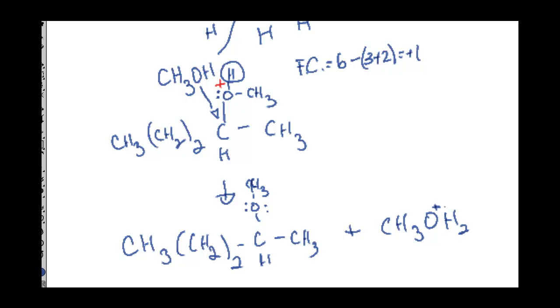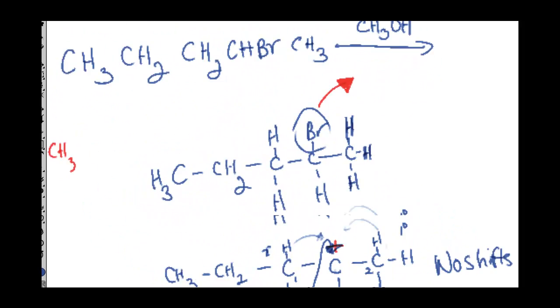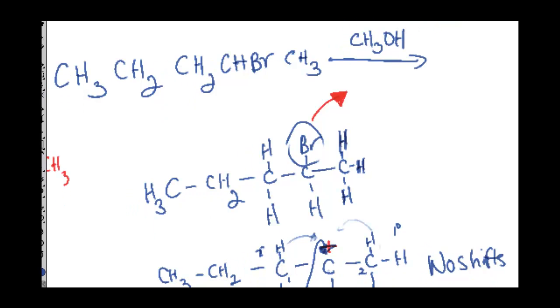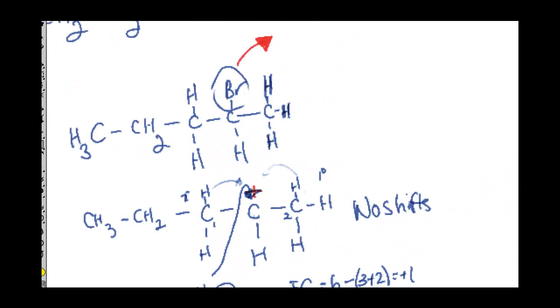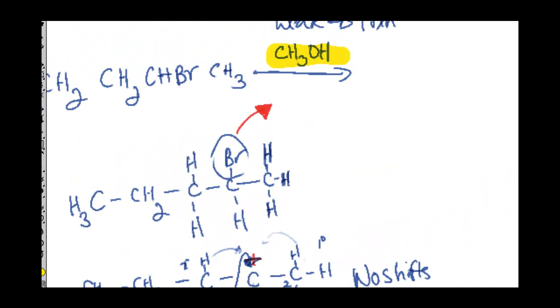Okay? And that's the basics of SN1. So recap, form your carbocation. How did we know it was an SN1? Because of the solvent being methanol there, and the alcohol will guarantee an SN1 reaction. Why was it not an E1 reaction?